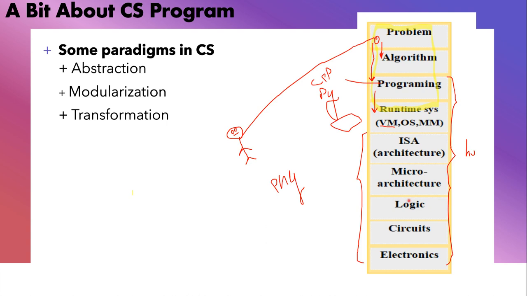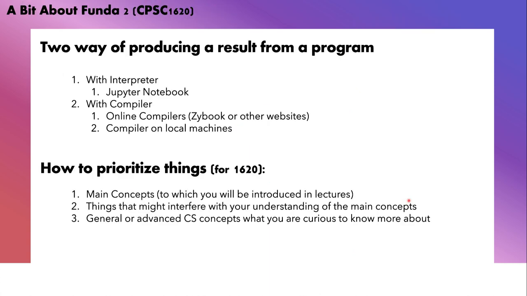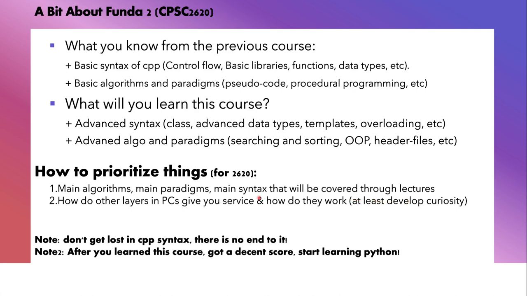This would be a gentle introduction for your other courses in the other semesters as well. The next priority that I would suggest is learning about other layers, at least some introduction and some learning at a surface level. And yeah, it's the second thing that I would suggest.